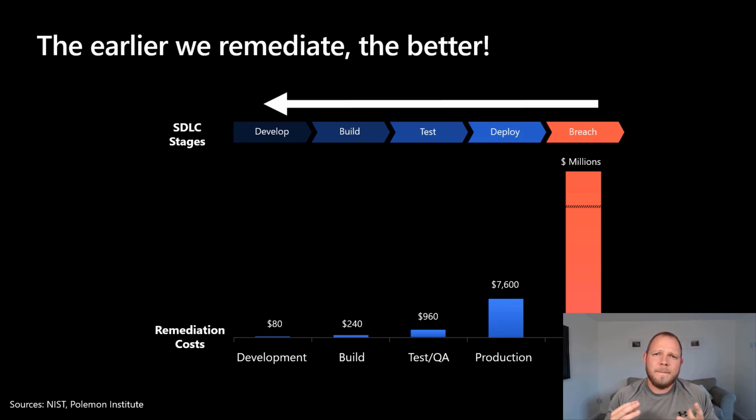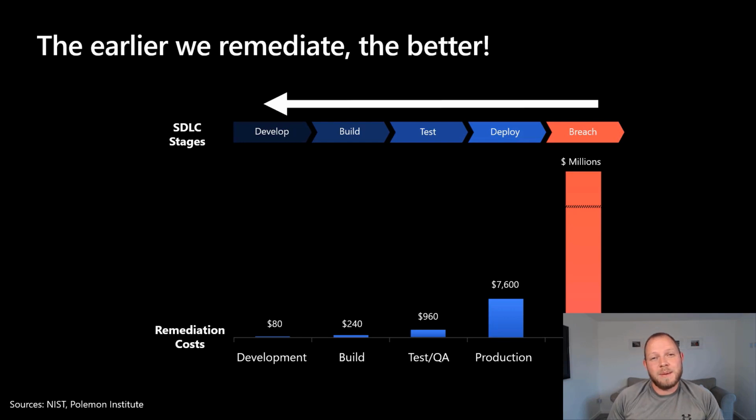But embodying DevSecOps as a whole is really about representing security across the entire software development lifecycle, from development through our deployment and also into the lifecycle of our applications while they're in production.